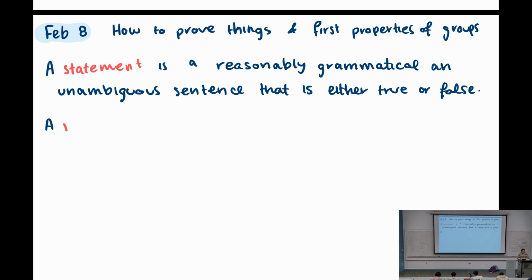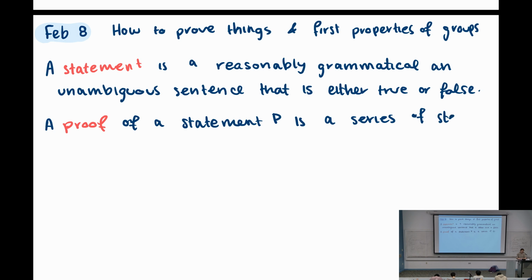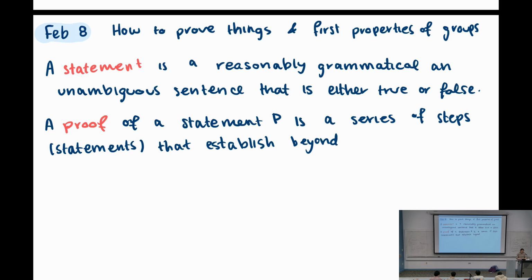So a proof of a statement P is a series of steps, which are themselves statements, that establish beyond doubt that the statement P is true under all circumstances.